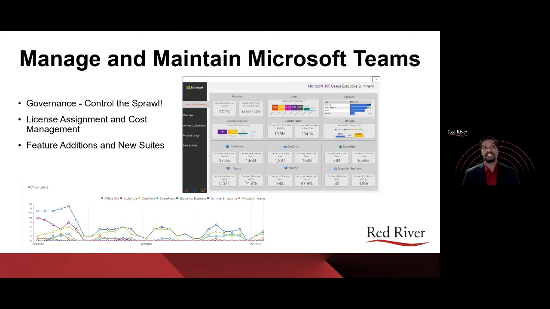You'll be able to see, are people using one-to-one peer-to-peer chat? Are they doing meetings? Are they doing Teams, like Teams channels and collaboration there? So all the information that you need, not just for Teams, but all the other features inside the Microsoft 365 suite as well, to keep a handle of that.